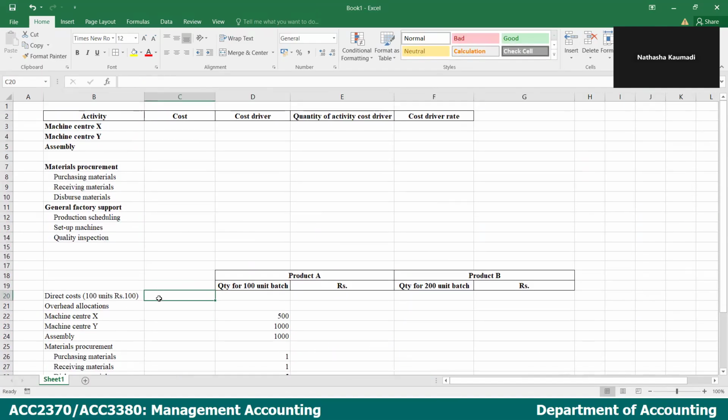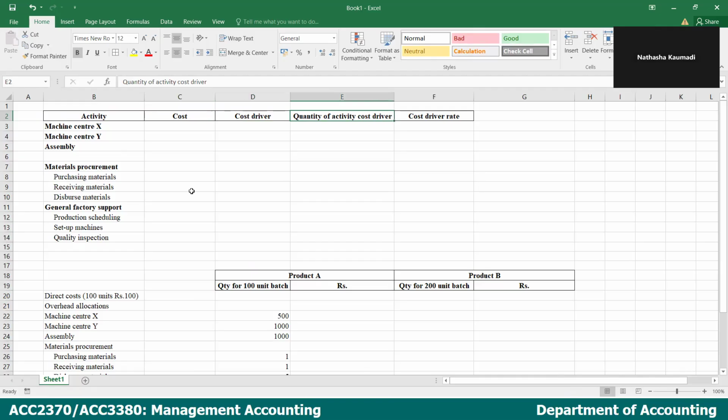Now to calculate the unit cost, first of all, I have a table like this, similar to this, you can have your own answer. I have taken the activity and I'm going to write the cost in front of that activity. And I'm going to identify the most suitable cost driver for each and every major activity.